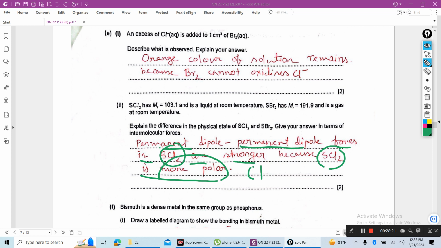Because chlorine is more electronegative than bromine. So in sulfur dichloride, the dipole force is stronger than in sulfur dibromide because sulfur dichloride is more polar.